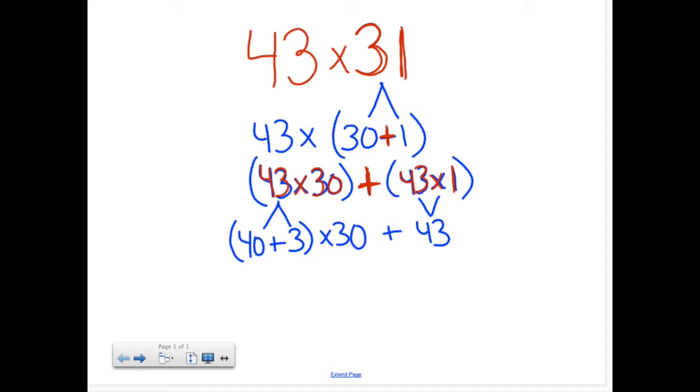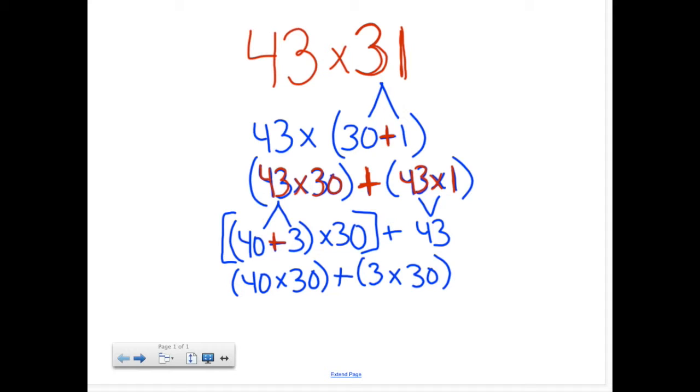Now I have to distribute my 30 to the 40 and my 30 to the 3. See, this really should be in brackets here because I want to solve that part first. So now when I distribute the 30, I can rewrite this problem as 40 times 30 plus, and I'm doing plus because I have a plus in between my 40 and my 3, so plus 3 times 30.